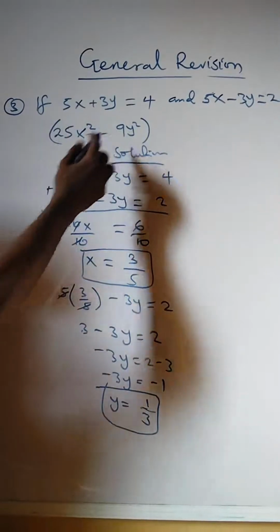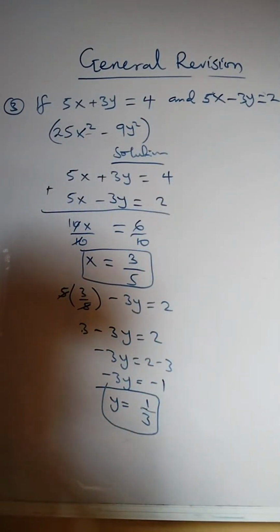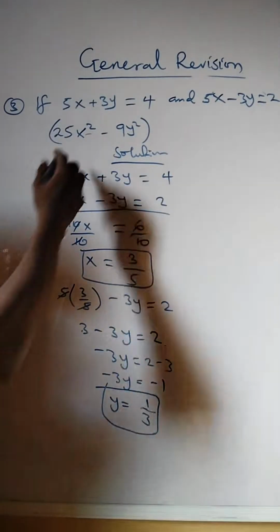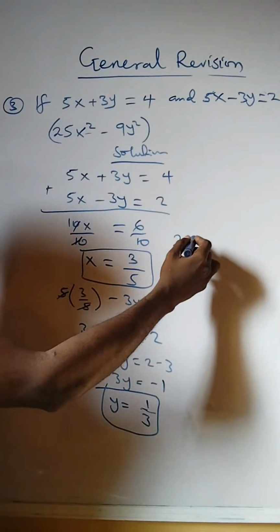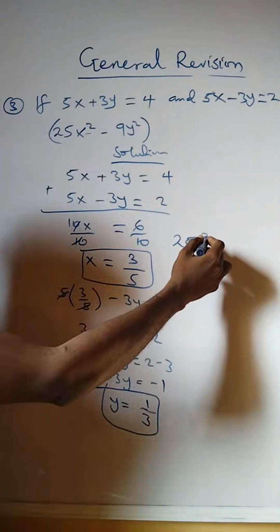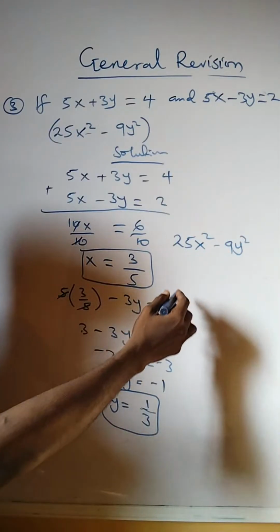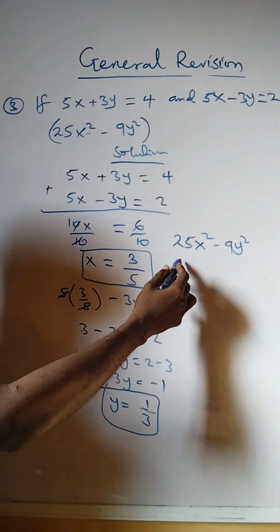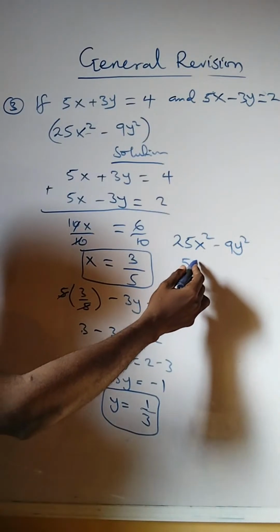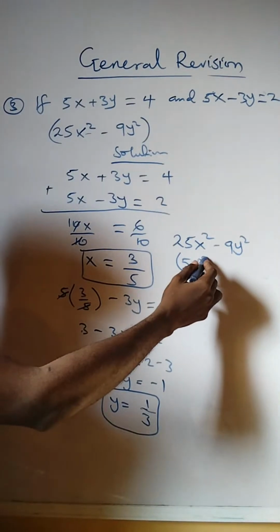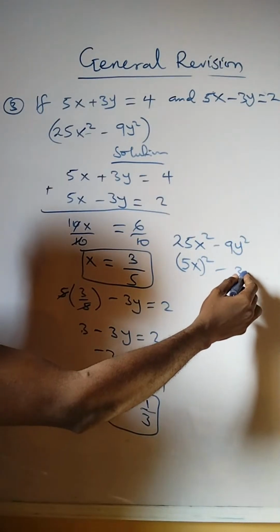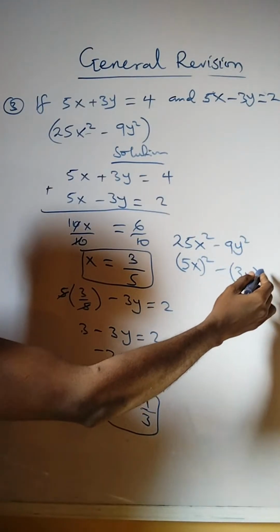But this is what we are finding, which is 25x squared minus 9y squared. We can factor this as a difference of two squares, because it can be written as 5x all squared minus 3y all squared.